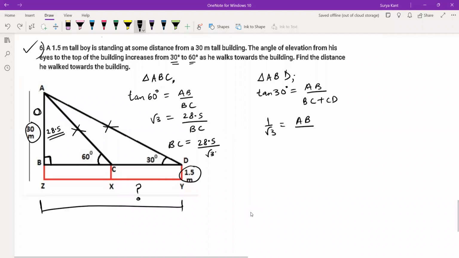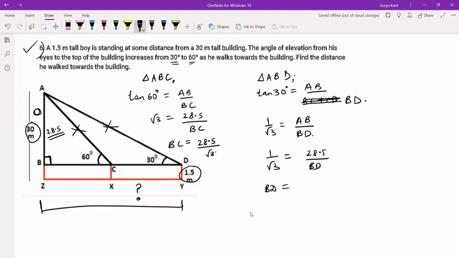So what we do now, better in place of this complete part, I'll write BD completely, okay? Then AB we know. So we write 1 by √3 equals 28.5 divided by BD. What will we get for BD?